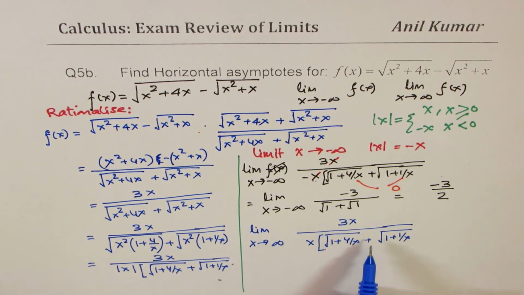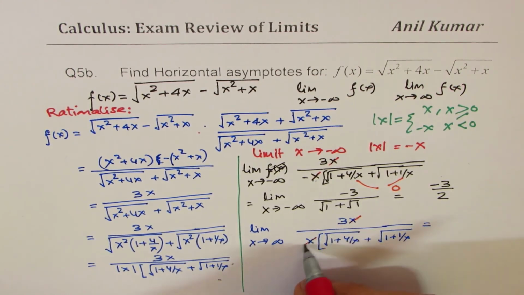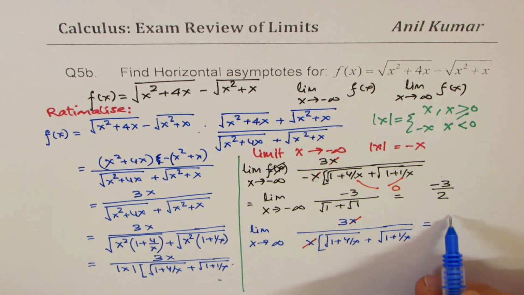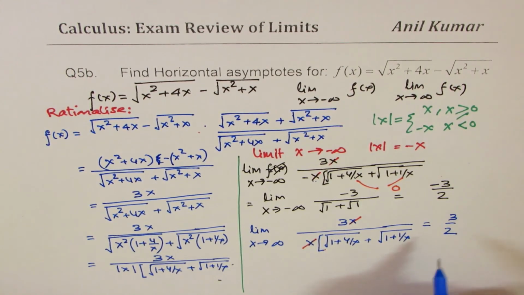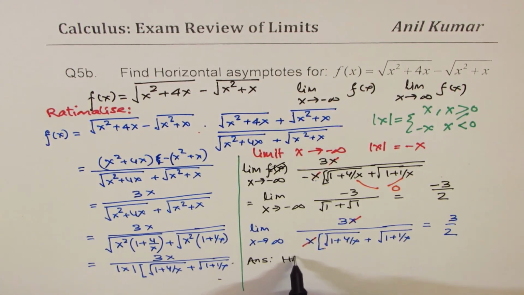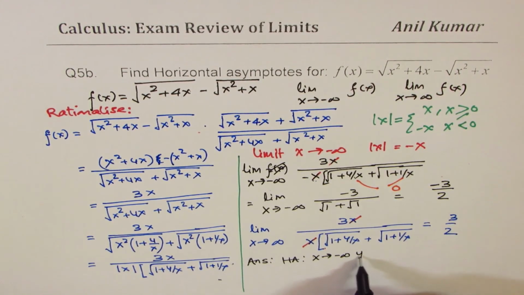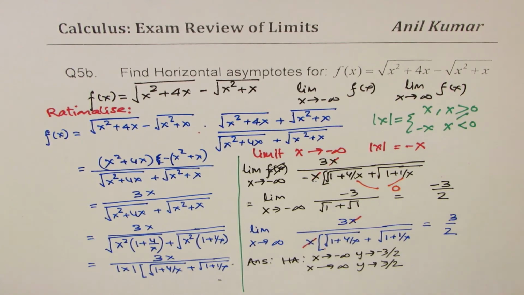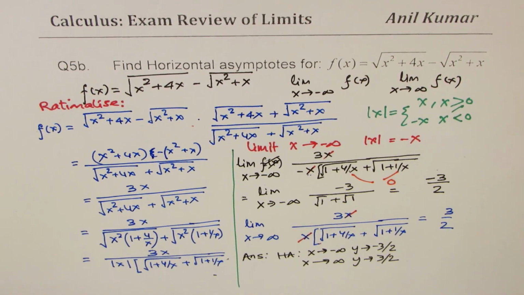And when x approaches positive infinity, these two terms go away, so we get 3 over 2. Correct? Therefore, what are the horizontal asymptotes? We can now write our answer as: when x approaches negative infinity, y approaches negative 3 over 2, and when x approaches positive infinity, y approaches positive 3 over 2. So these are the two horizontal asymptotes.